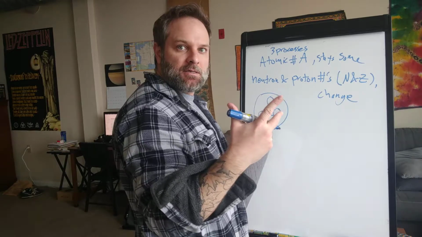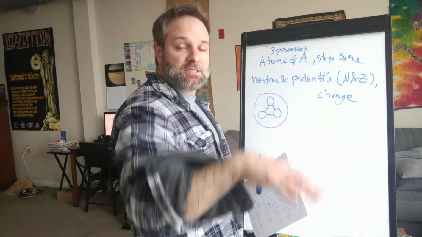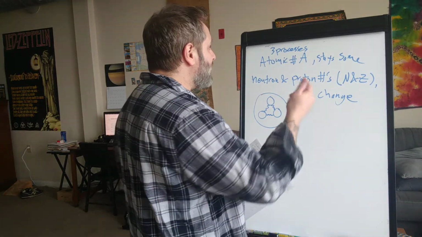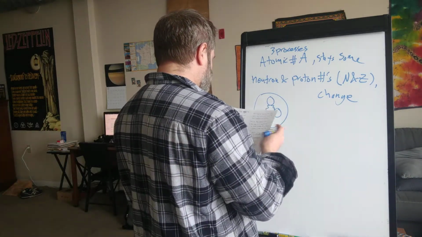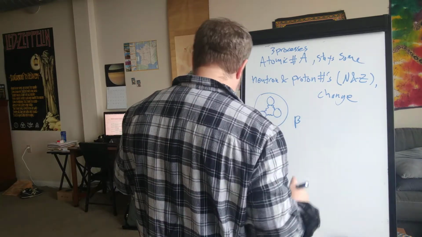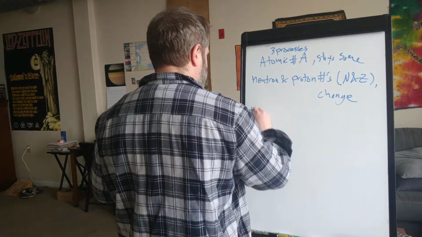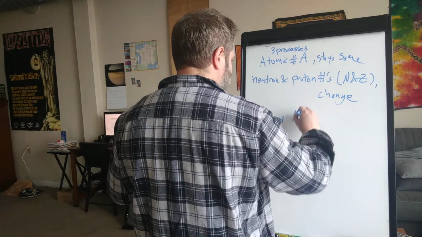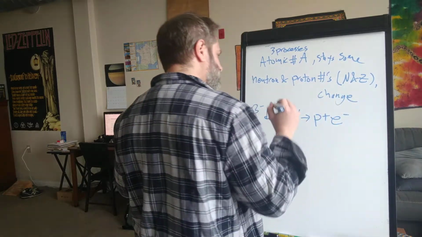So there are three broad types of nuclear decay: alpha, beta, gamma, and then beta decay itself is a result of three different processes. We can have beta minus decay, and that is when a neutron turns into a proton plus an electron.